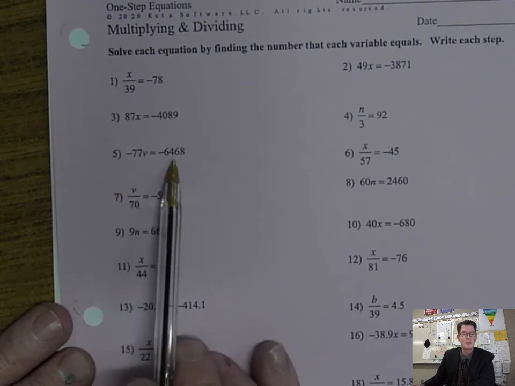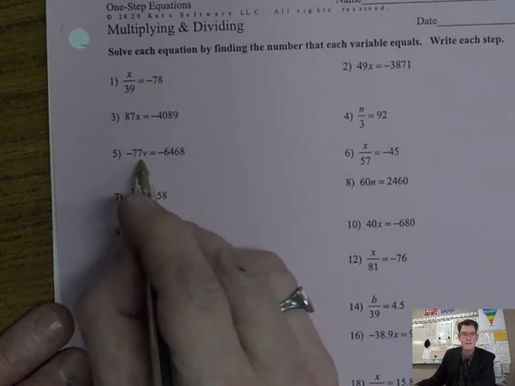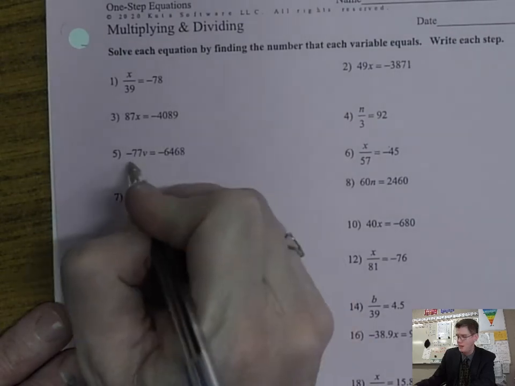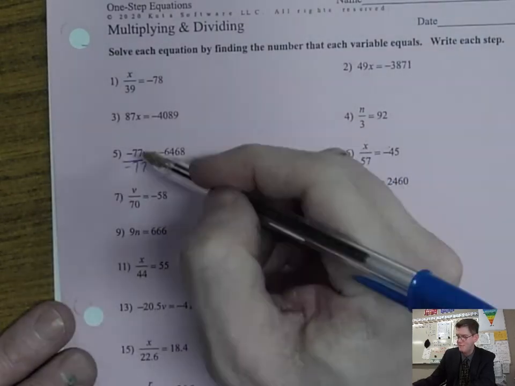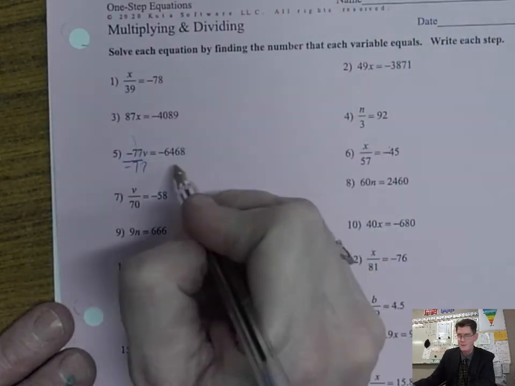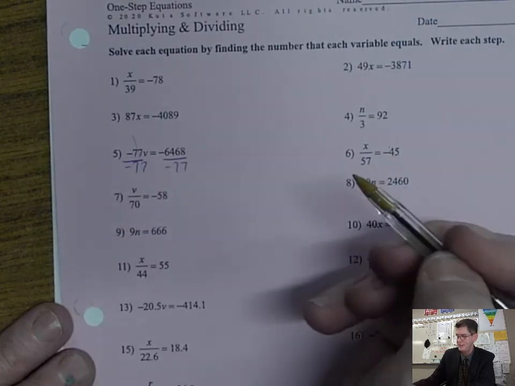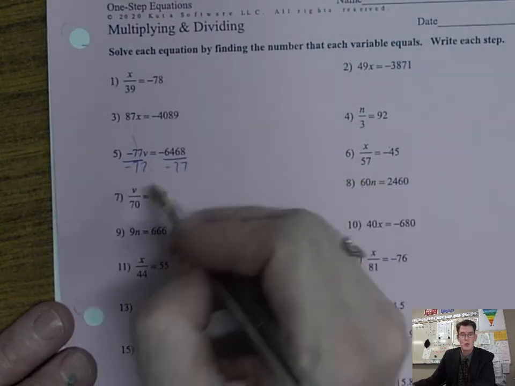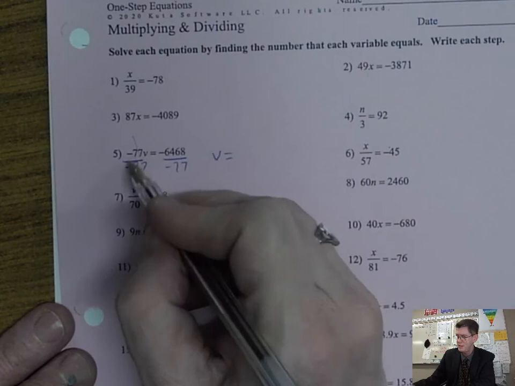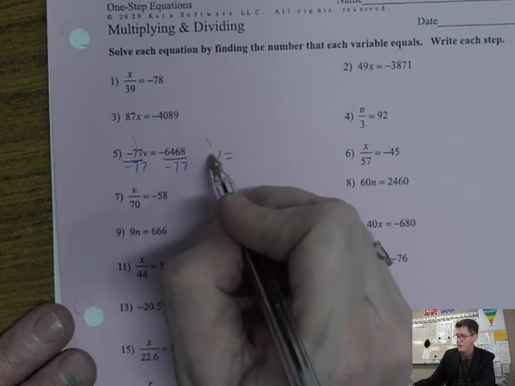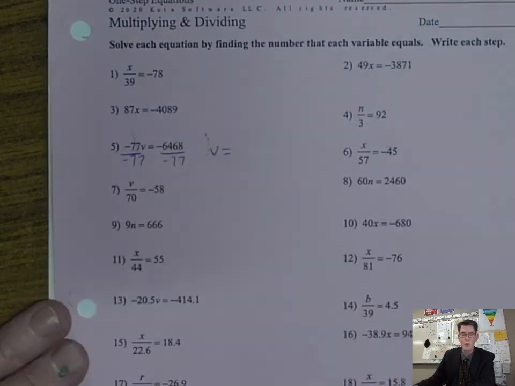We've got this that's multiplied on. So to get rid of this negative 77 that's multiplied on, we divide it off so it goes to 1. And divide it here. When we do that, we're left with V, that's just 1V, equals whatever that is.